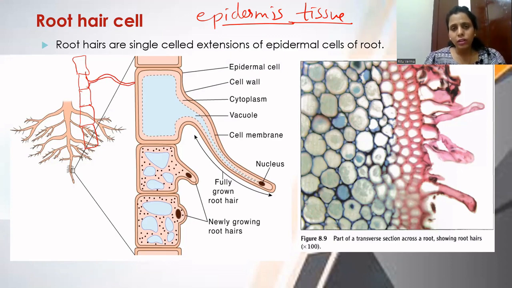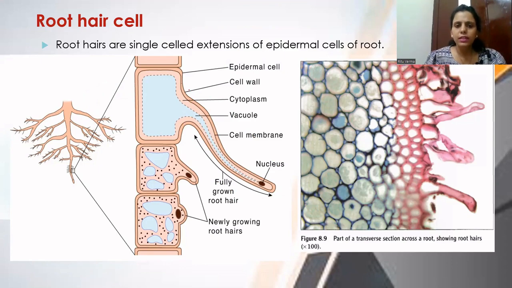Not all the epidermal cells, only some epidermal cells have long and thin hair-like extensions growing out of them. These long and thin hair-like extensions growing out of the epidermal cells are known as root hairs. So this one is actually a root hair. Remember, not all epidermal cells produce root hairs. You can see in the picture, this particular epidermal cell has a thin hair-like extension growing out of it.